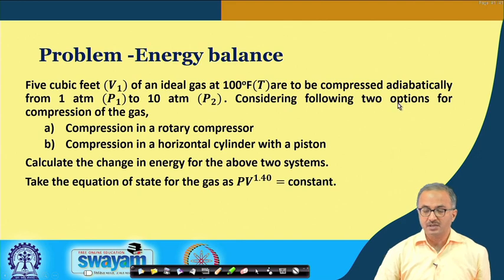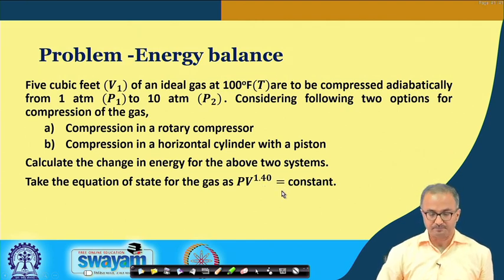Now consider the two options in which it is proposed to compress the gas. One is by a rotary compressor and another is by a horizontal cylinder with a piston. And we have to calculate the change in energy for the above two systems. And it has been told that the equation of state for the gas is to be taken as PV to the power 1 equal to constant.